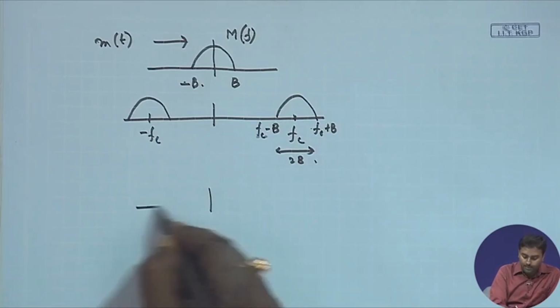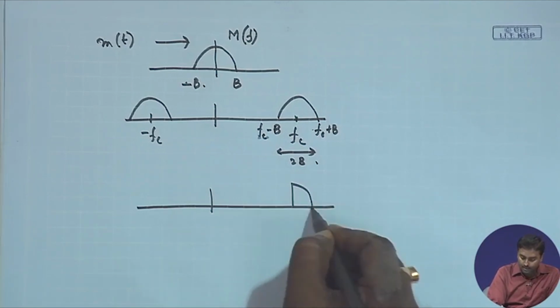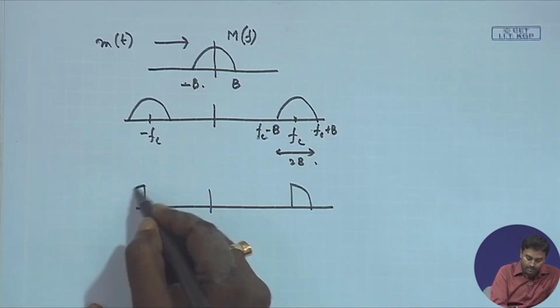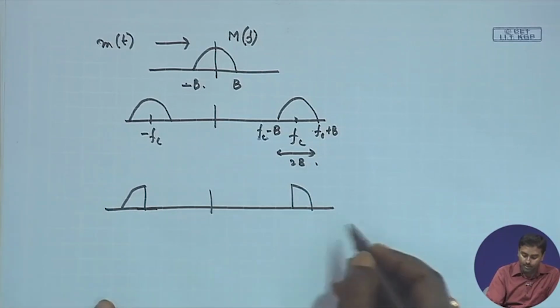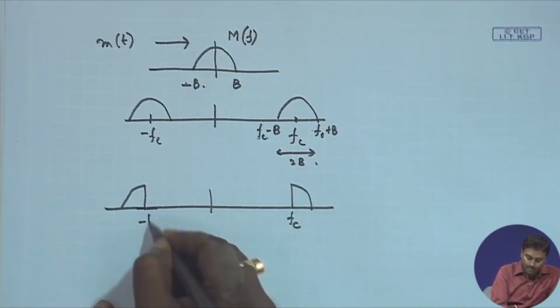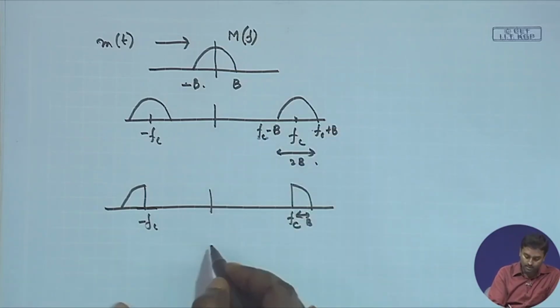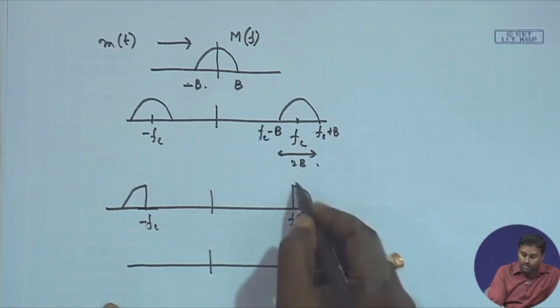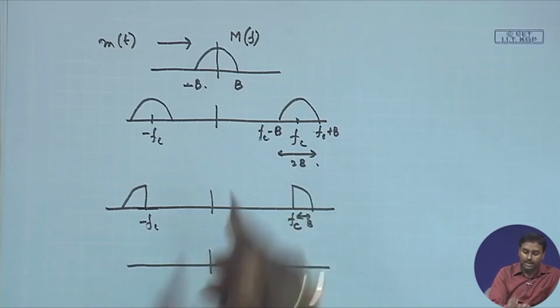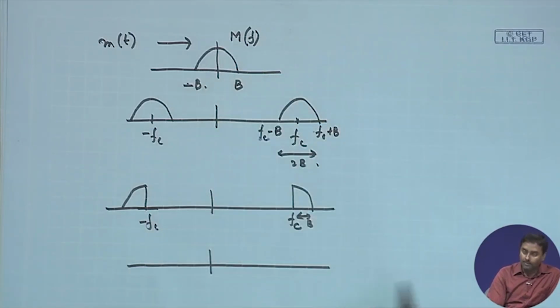If I do SSB, taking the upper sideband, I will be taking just one of the sidebands, the upper one. This is at Fc, again this is B, so it is bandwidth efficient, instead of 2B it is this.